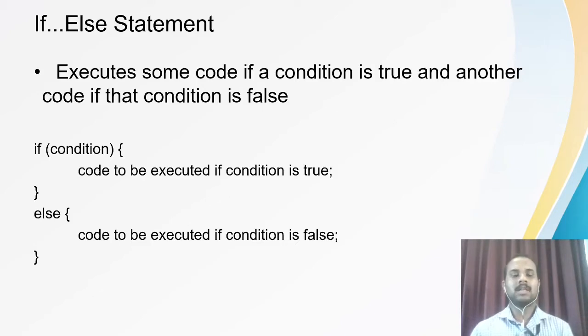Here you have two code blocks, one for true and another for false. If the condition is true, the code in the true section is executed. If the condition is false, it goes to the else part and the code inside the else part is executed.